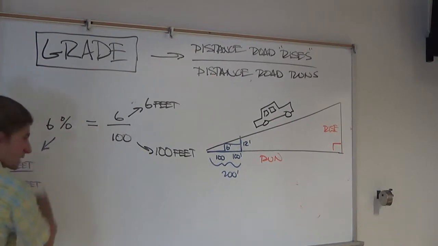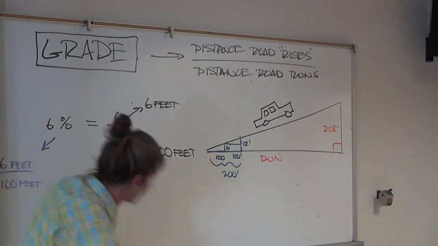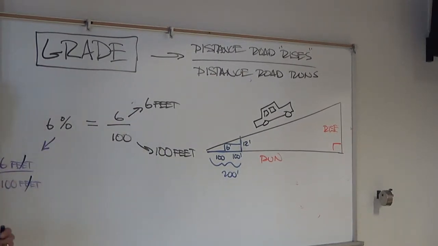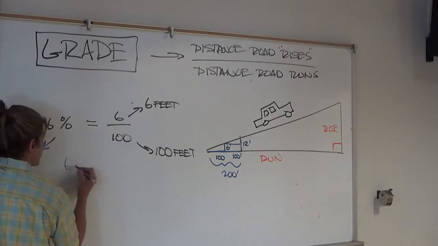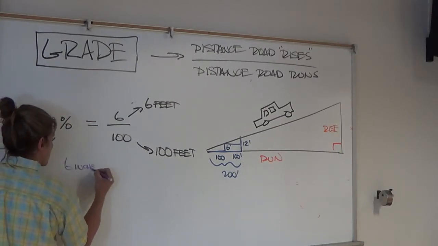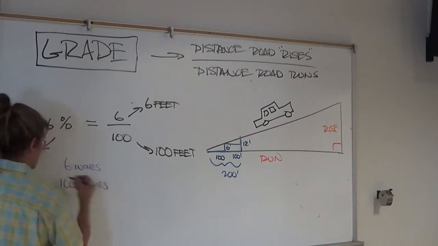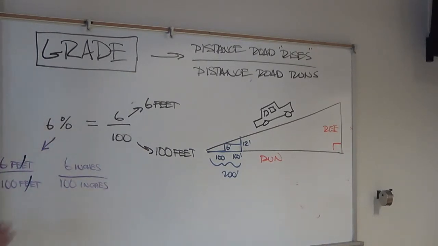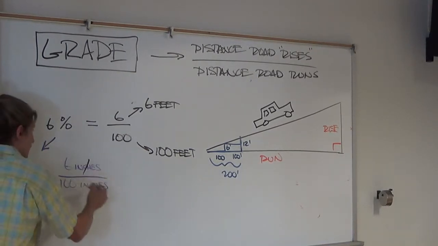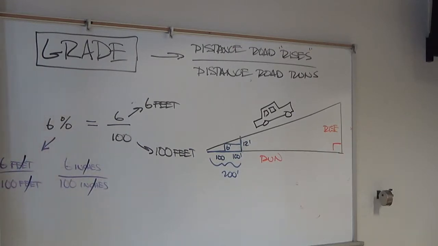So the feet can divide off, and you're left with just 6 over 100, which is what 6% is, 0.06. That same logic would happen if you did 6 inches over 100 inches. You'd have the exact same argument. The common unit of dimension would cancel, and it doesn't matter what you use.